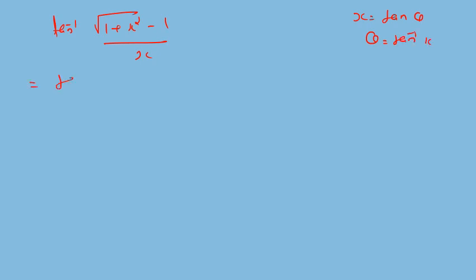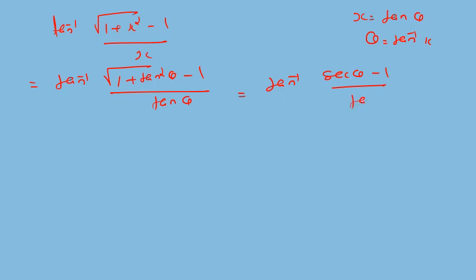So this becomes tan inverse of root of 1 plus tan squared theta minus 1, by tan theta. 1 plus tan squared theta is sec squared theta, its root is sec theta. Sec theta minus 1 by tan theta, is tan inverse of 1 by cos theta minus 1, over sin theta by cos theta.